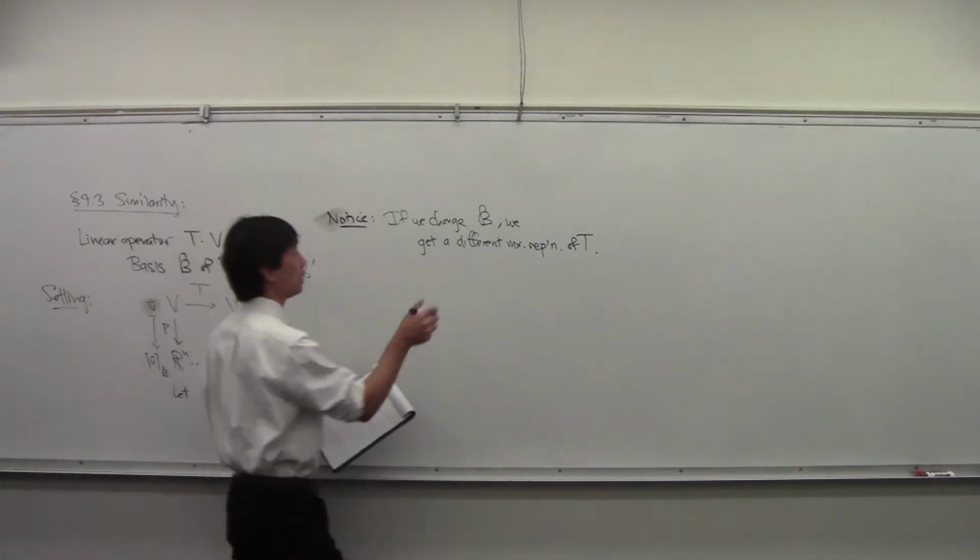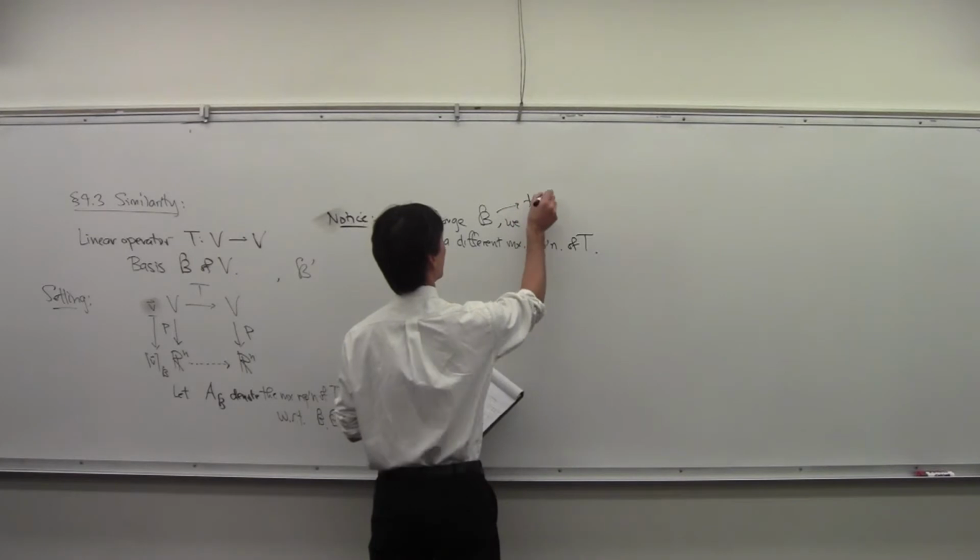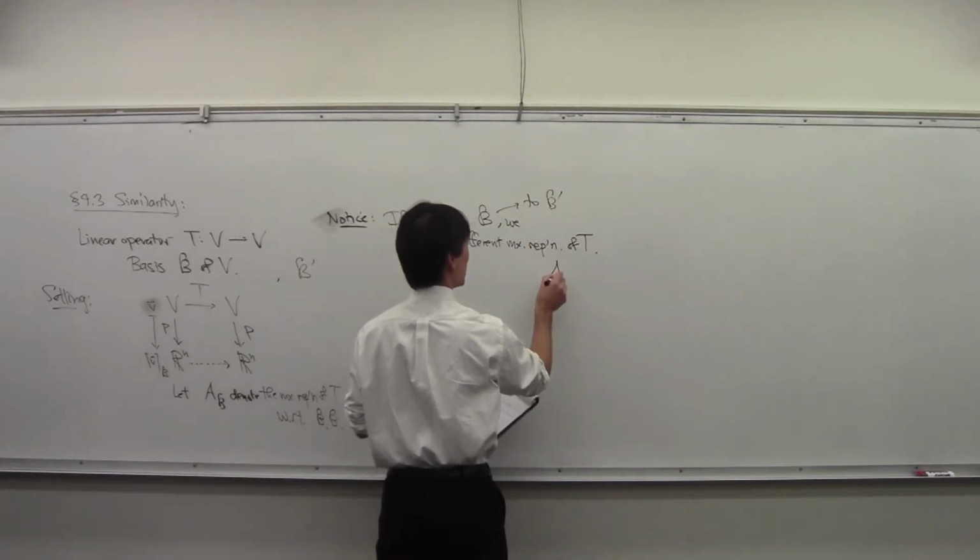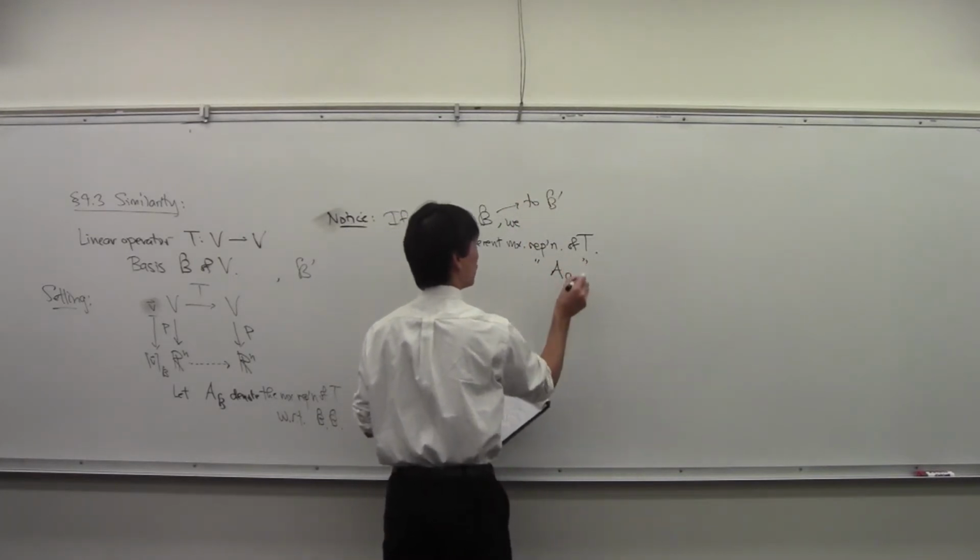You change B to B prime, you would get a different matrix representation, A sub B prime.